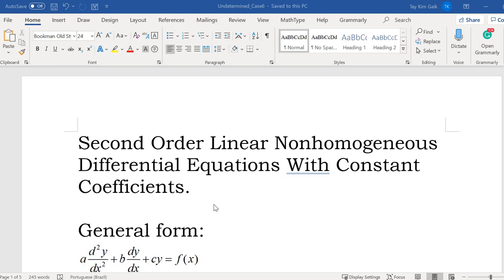Okay, very good afternoon. We are going to continue the second order linear non-homogeneous differential equation with constant coefficients, for case number 6.